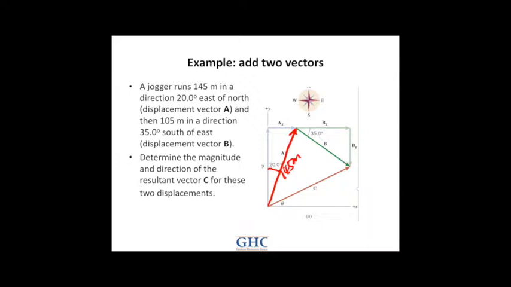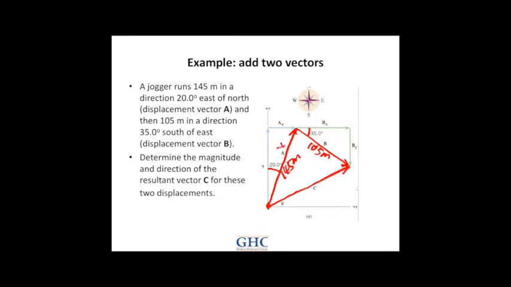Then he runs 105 meters in a direction 35 degrees south of east, so it will be in this direction. We want to find his displacement from the original point to the final point.